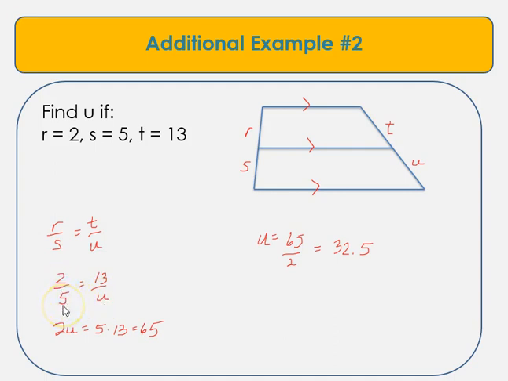We have 2 over 5 equals 13 over u. If we multiply across, we have 2 times u is 2u. 5 times 13 is 65. And if 2u equals 65, we can divide 65 divided by 2, and u will equal 32.5.